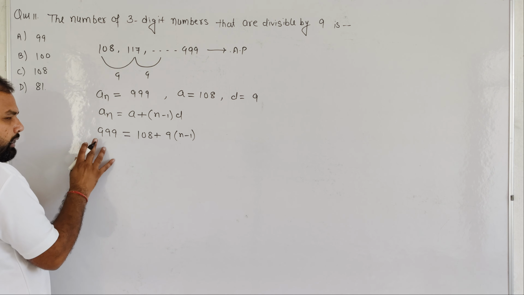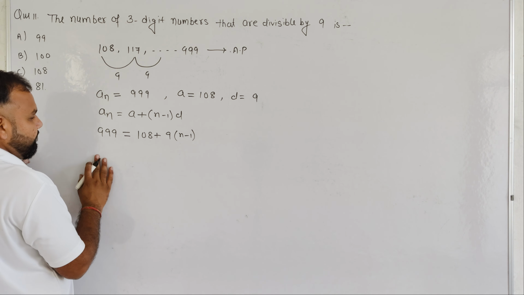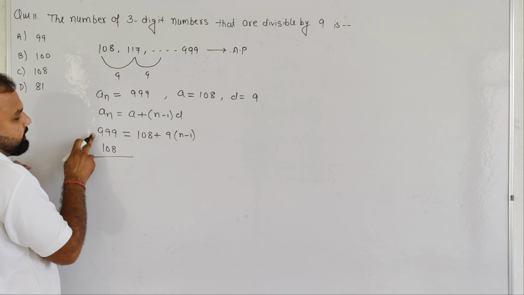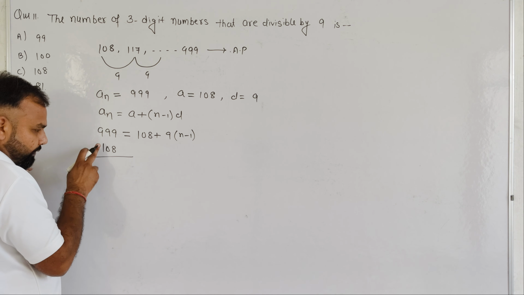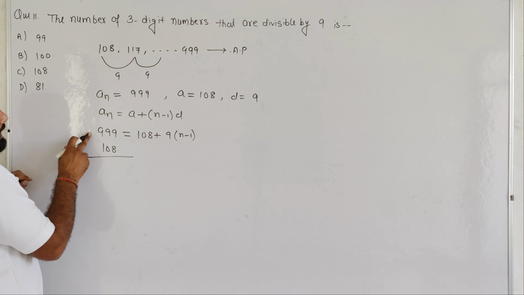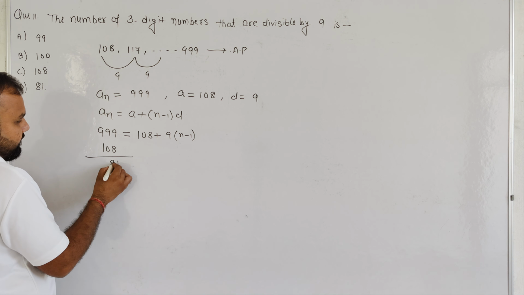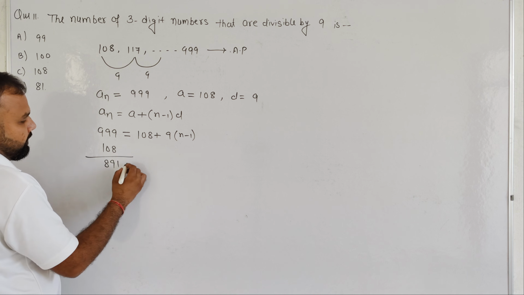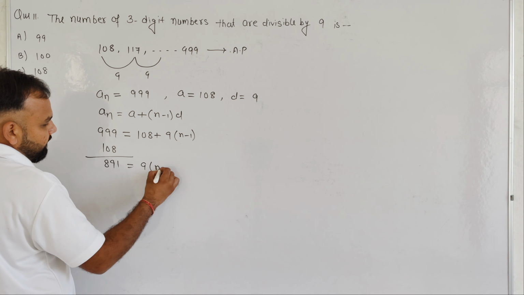Taking 108 to the left hand side, we subtract 108 out of 999, which gives 891, equals 9 times (n minus 1).